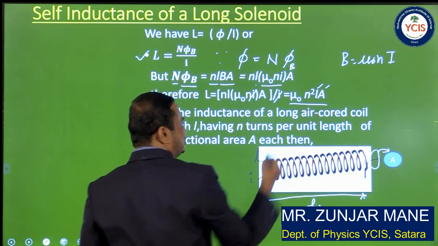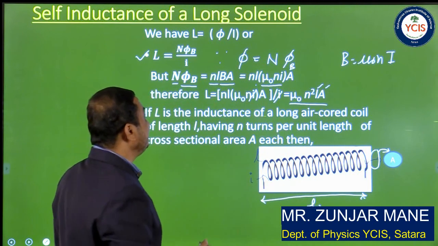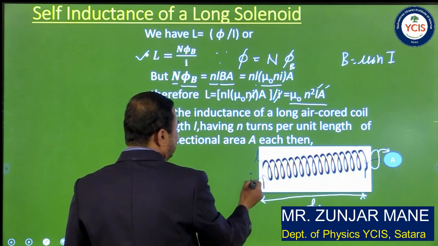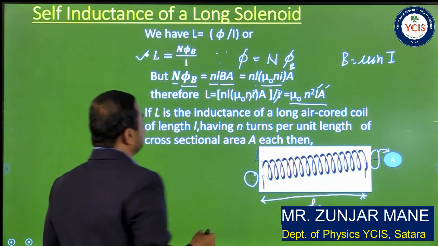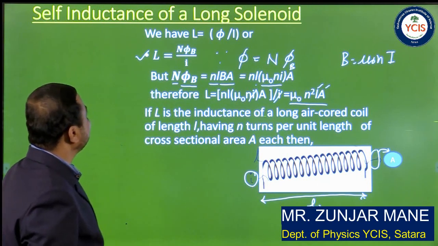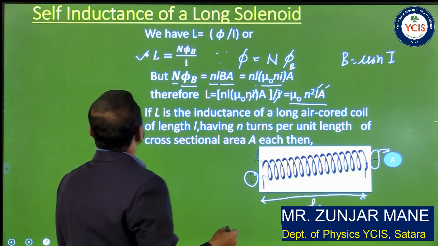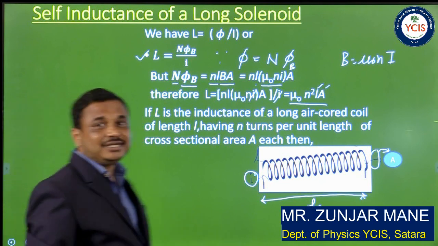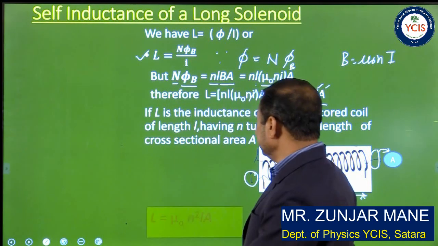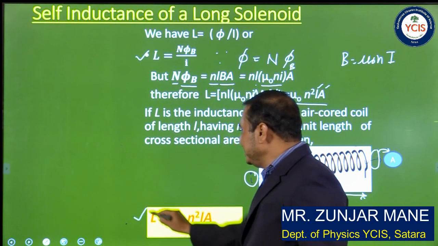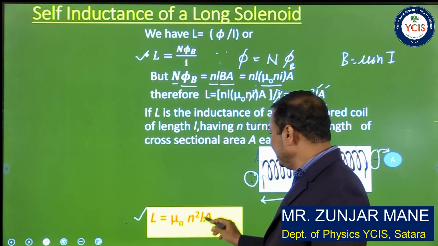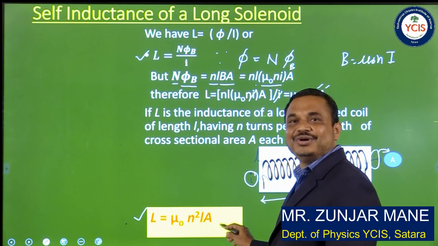What is small n? Number of turns per unit length, and I is the current flowing through that solenoid. So this is the expression for the self inductance of the long solenoid. What is that expression? L is equal to mu 0 n square l A.